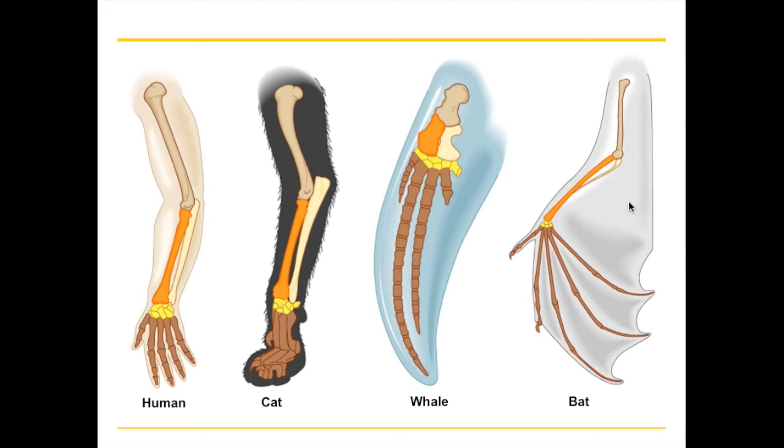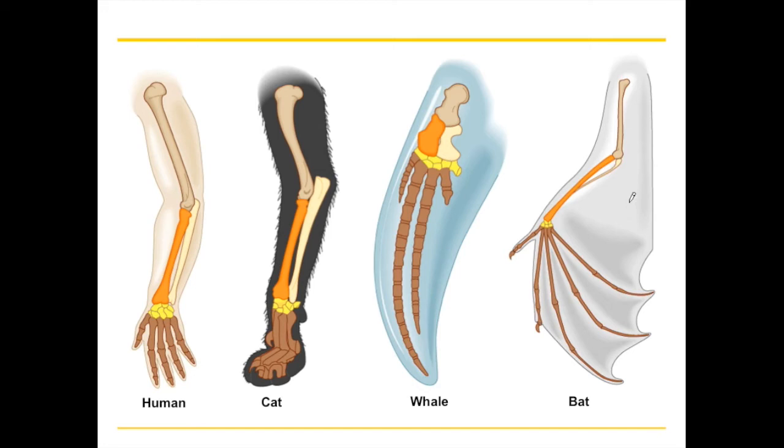The bat's wing is made up of the same elements as the human hand, but it can't grasp. The whale's flipper is made of the same kinds of elements, but it can't grasp and it can't fly. And so you can see that there is a significant amount of remodeling that has gone on based on the different needs of these organisms.